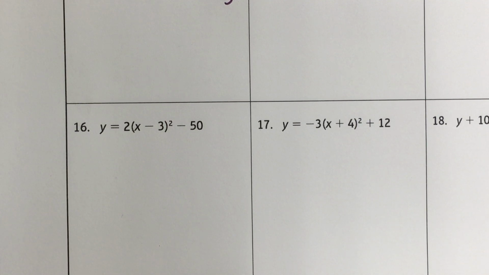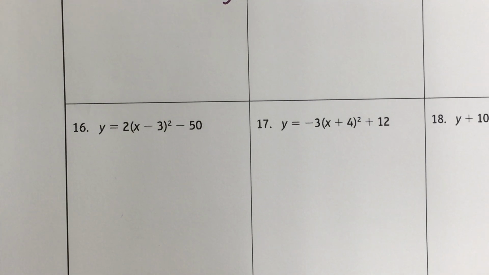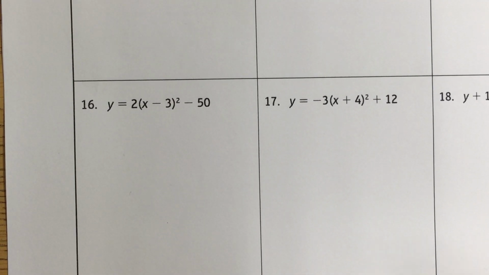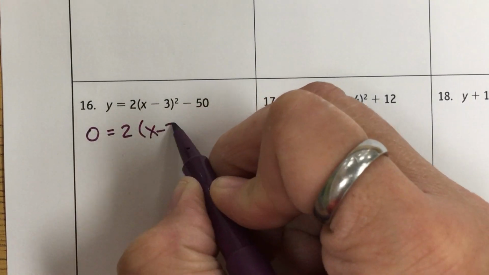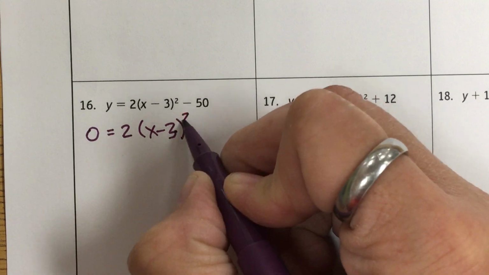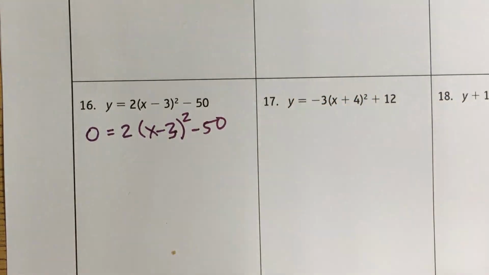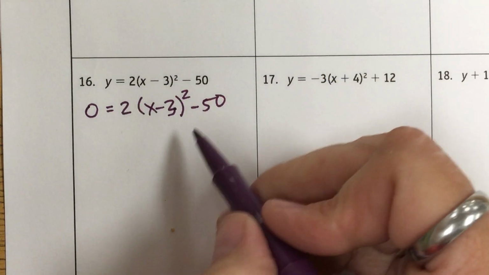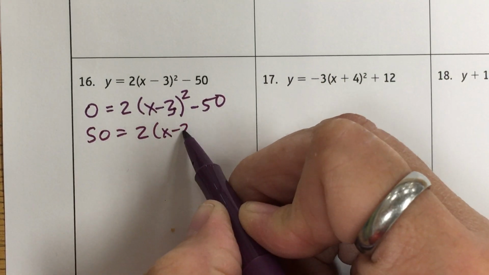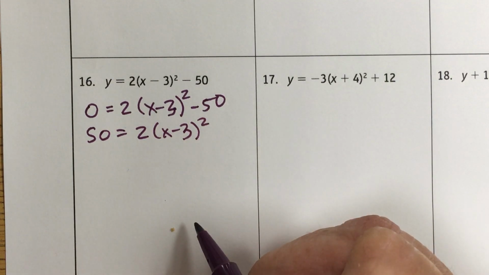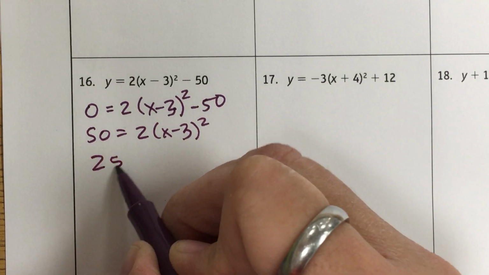Now, I like 16 because I don't have to do any factoring. I'm just going to be taking the square root. It's called the square root method. So I'm going to add 50 to the other side. I'm going to divide by 2 on both sides.